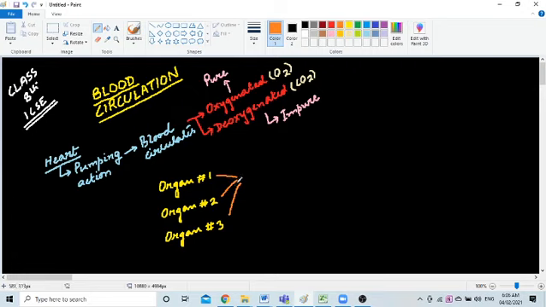Alright, so this blood is collected from these different organs, and all this blood collection process is done by two major veins. These veins are known as superior vena cava and inferior vena cava.